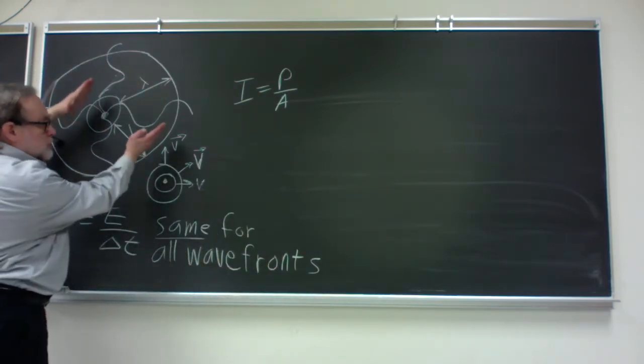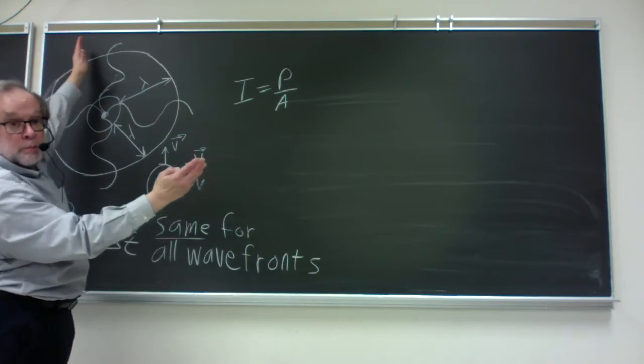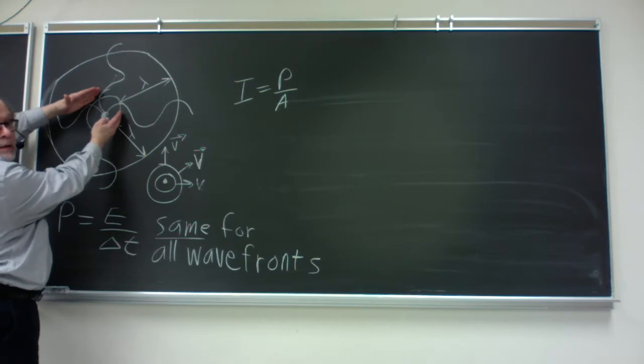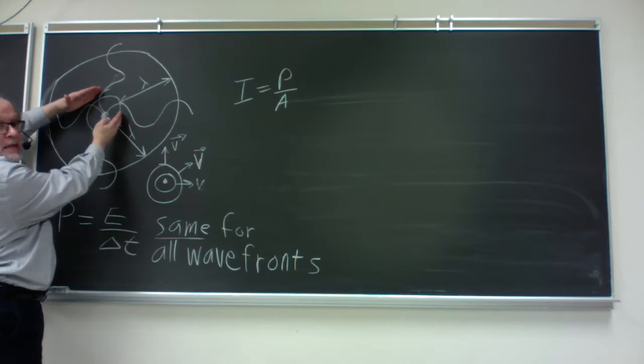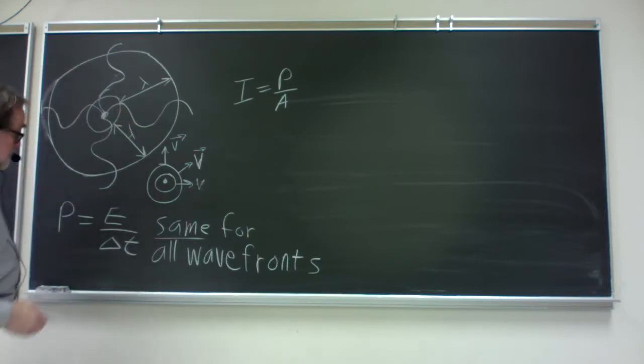So all the energy that passes through this big spherical surface, 1 millimeter thick, is the same amount of energy in the same amount of time passing through this smaller sphere that's 1 millimeter thick.